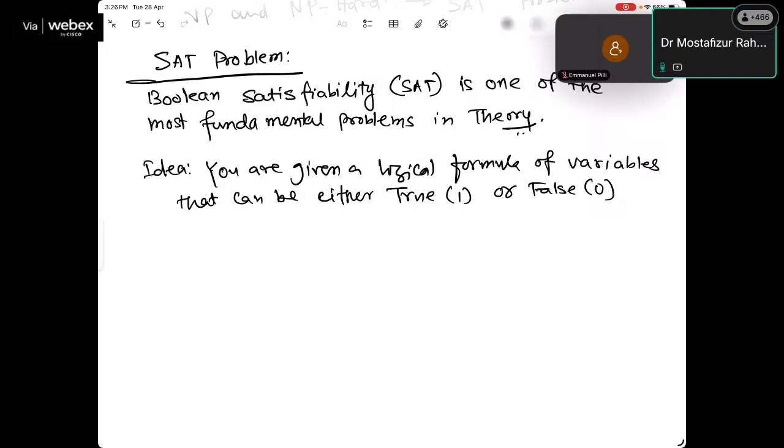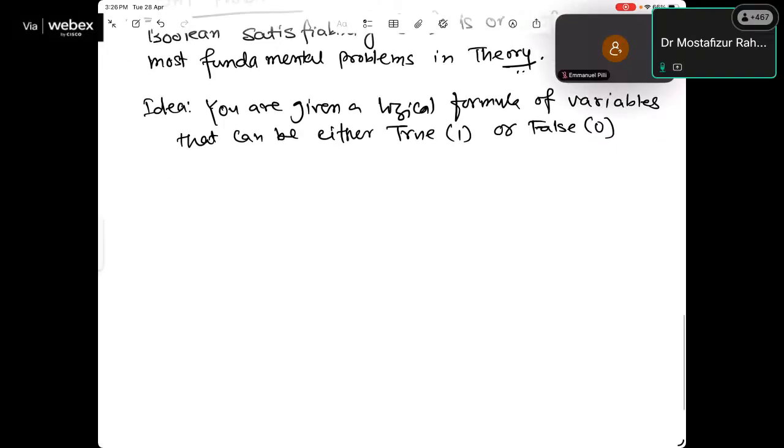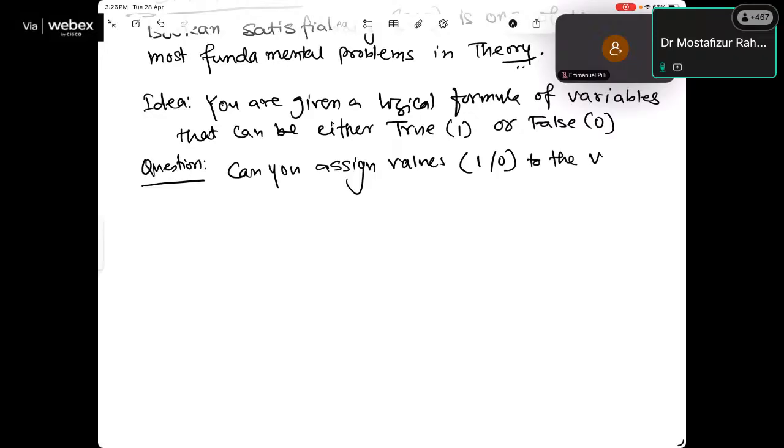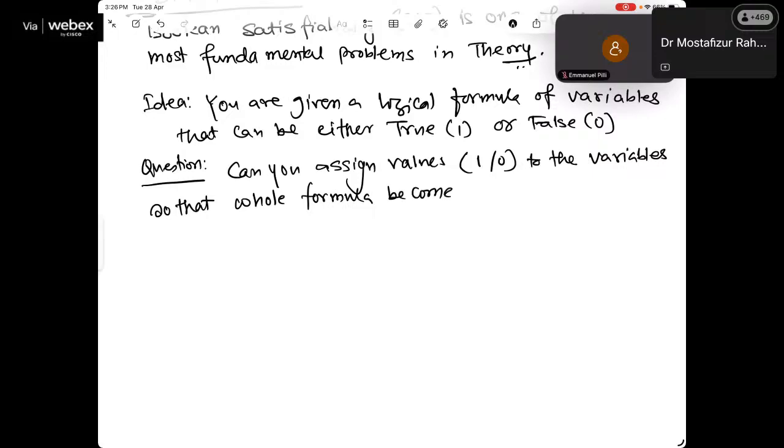These are the only two possibilities in Boolean algebra, in all classical logic, right? So the question is, can you assign values, either 1 or 0, to the variables so that the whole formula becomes true? So that's the logic.